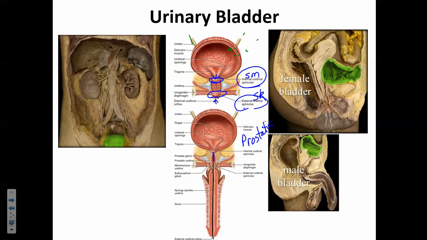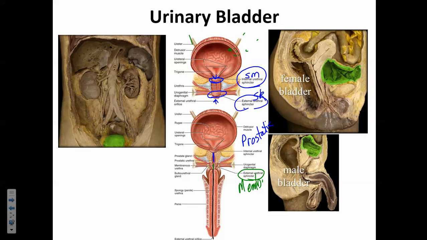The membranous urethra is the shortest part in males, and that's this green area. That's where the external sphincter is. So the external sphincter in males is not at the distal end of the urethra.